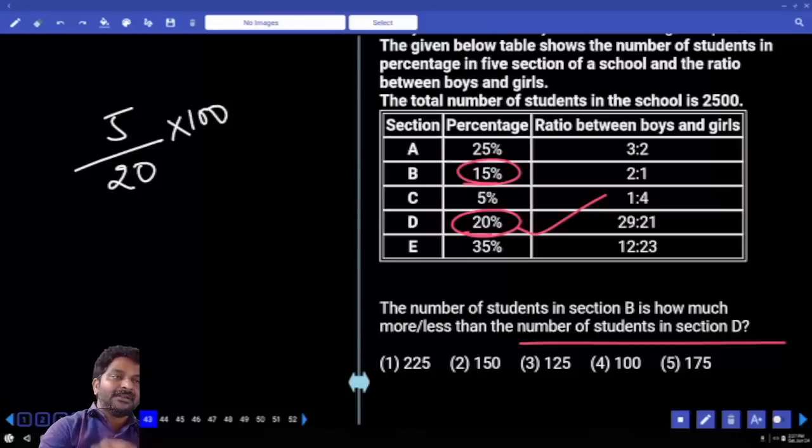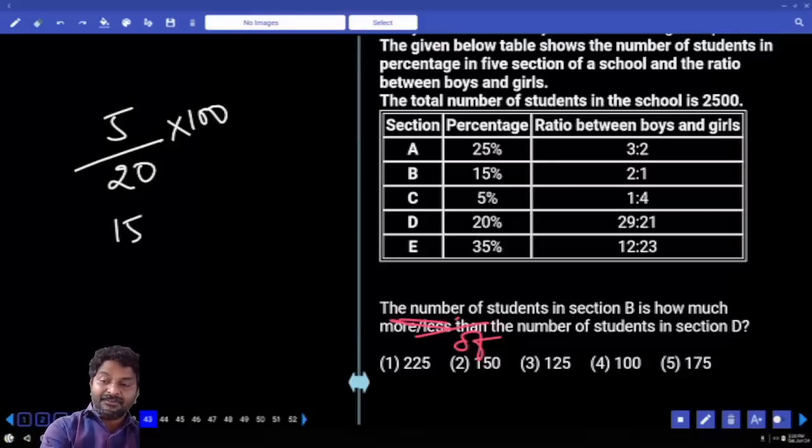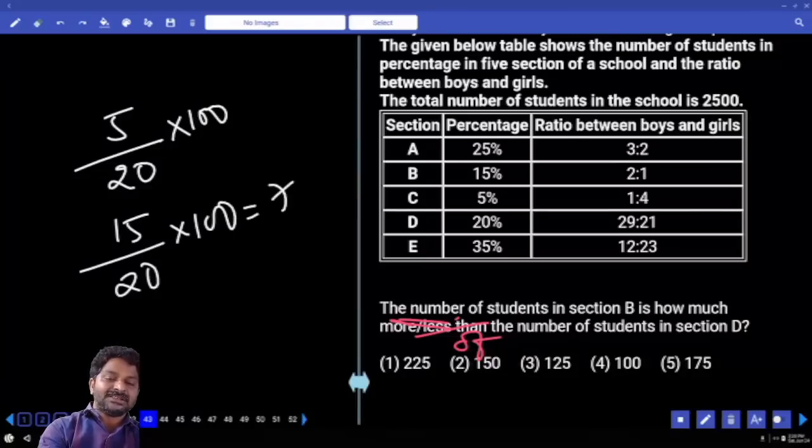Percentage: 25%. Yeah, the answer must be 25%. Let's change 125 to 25. If the question is what percentage of the number of students in section D, then the answer would be 75%. 15 upon 20 into 100, direct value, that is 75%.